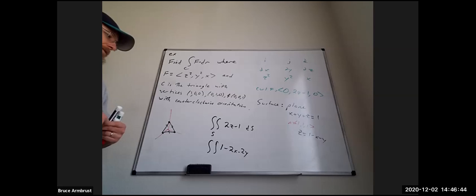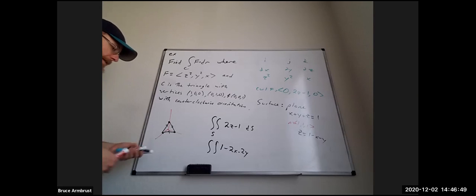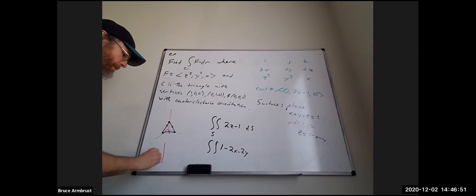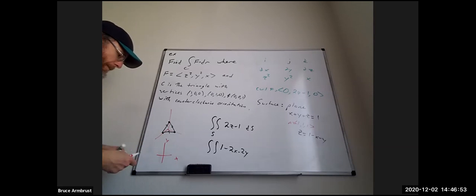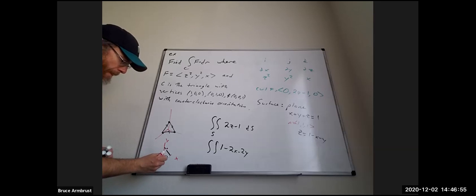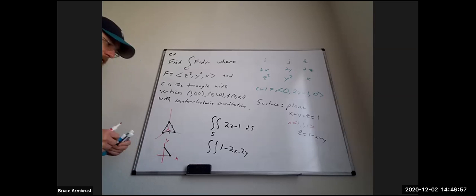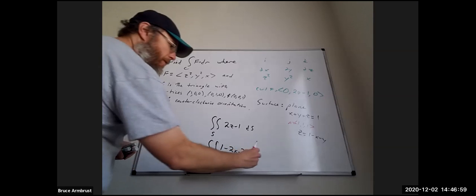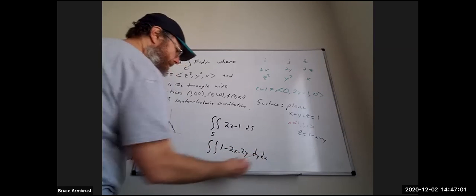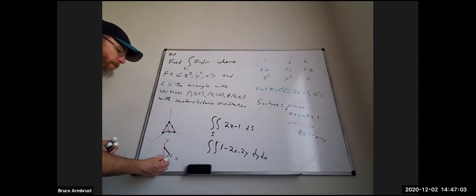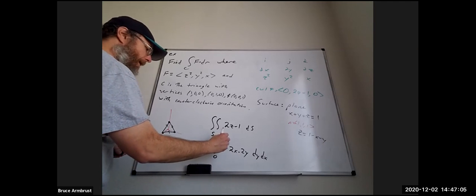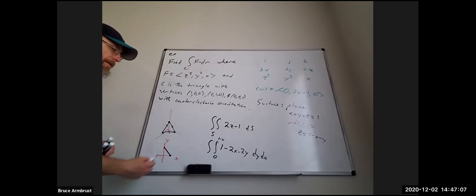And in terms of the bounds of x and y, if you look in the xy plane, this is a triangle that connects those points 0, 1. So let's do this dy dx. The y's are going to go from 0 to 1 minus x. That's that line right there.